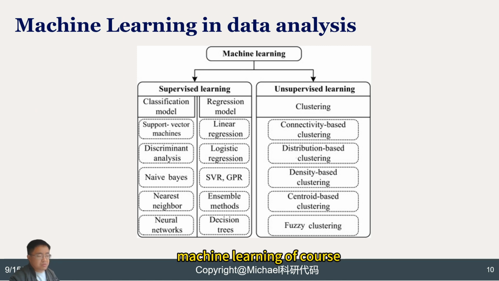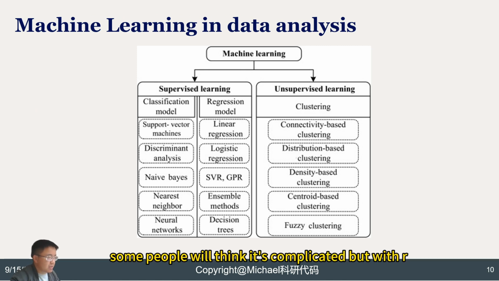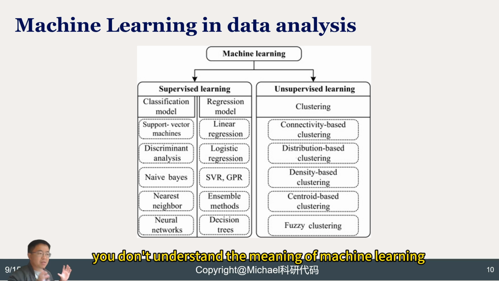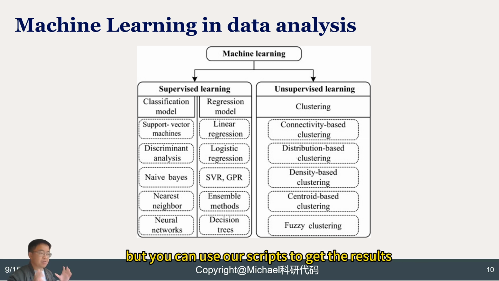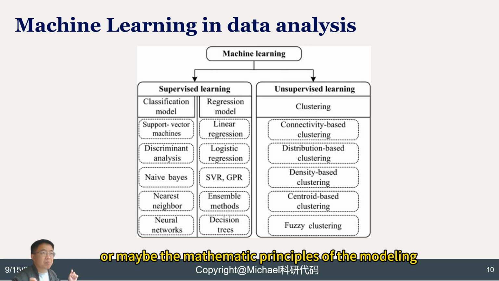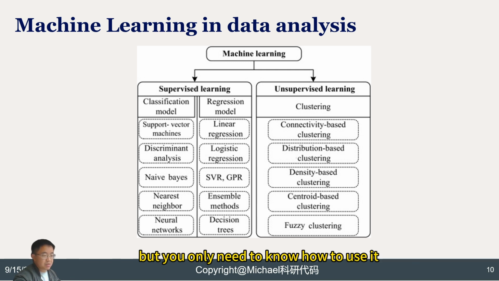Machine learning, of course, some people will think it's complicated, but with R, we have a way that you don't need to understand the inner workings of machine learning, but you can use R scripts to get your results. What does it mean? It means you don't need to know the scientific or mathematical principles of the modeling; you only need to know how to use it and how to understand the results.